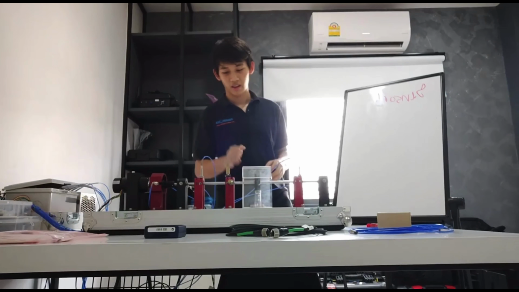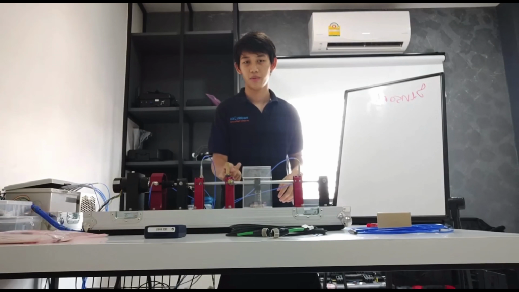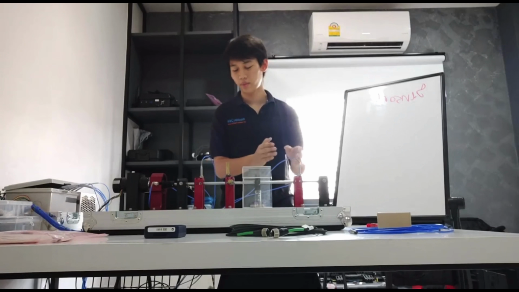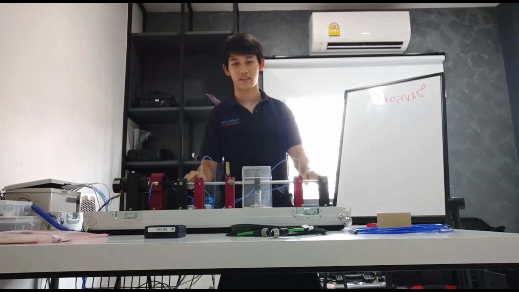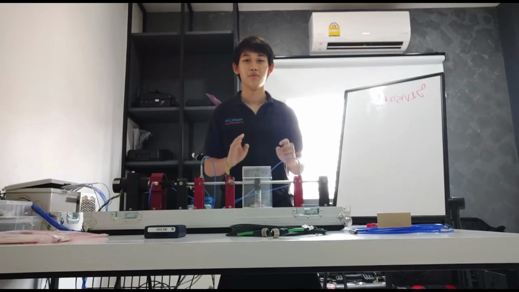So if I put it more inner, closer to the axle, then I measure by using the displacement sensor or the accelerator to measure the vibration into a graph. Then what would the graph be?